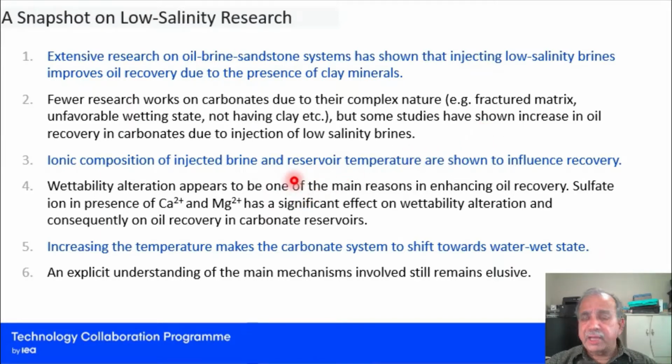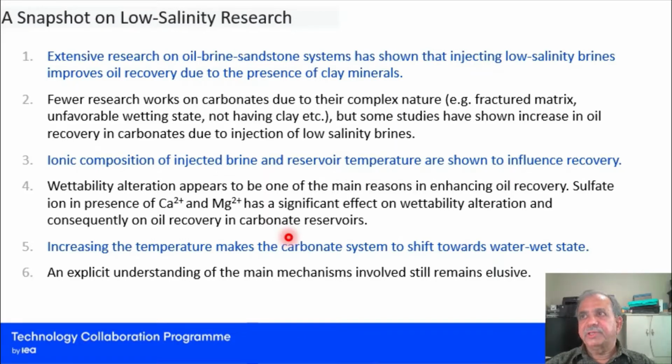And the ionic composition of the injected brine and the reservoir temperature also are shown in our work and in other studies to have an influence on the amount of oil we can get out by this process of low salinity water flooding. So wettability alteration appears to be one of the main reasons for enhancing oil recovery by low salinity flooding.